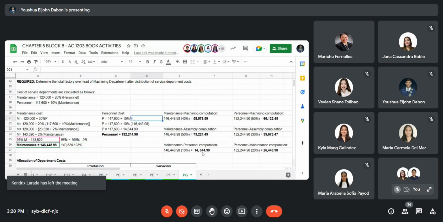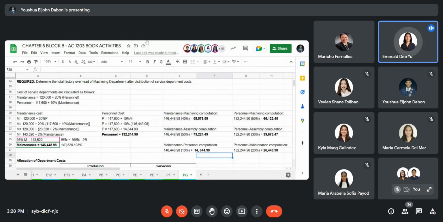So next, now that we have the maintenance cost, we need to find the personnel cost. So using the maintenance cost of 146,448.98, we multiply it with the given personnel cost, which is 117,600 plus 10% times M. So multiply 10% times 146,448.98, we get 14,644.90, and add that to 117,600.